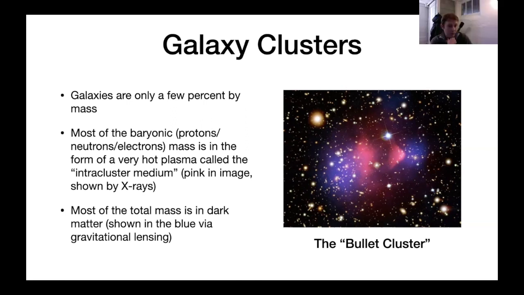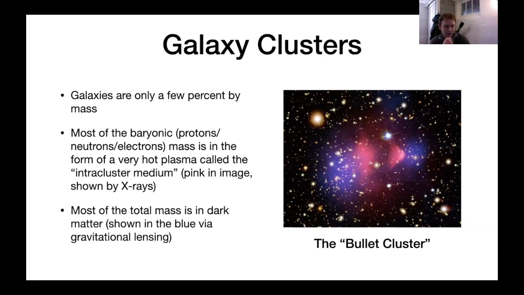Now, most of what we call baryonic mass, and by baryonic we just mean the stuff that makes us up, protons, neutrons, and electrons, is in the form of a very hot plasma. These are free electrons, protons, and ions running around at 1 million or 10 million degrees, called the intracluster medium. It is so hot that it emits X-rays, and that's what the pink stuff is in the image.